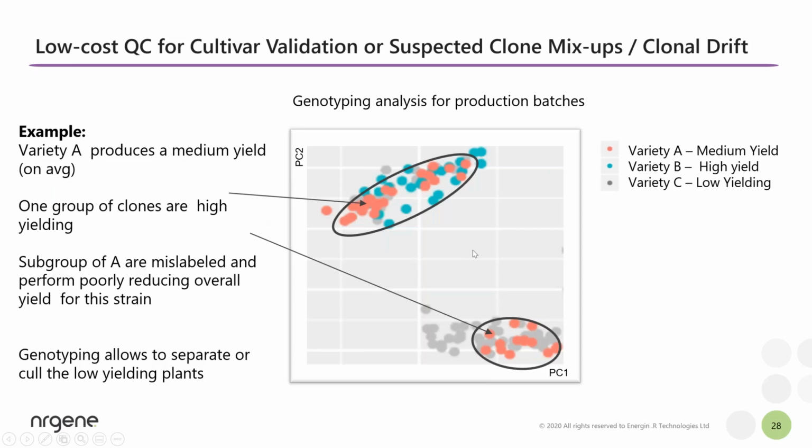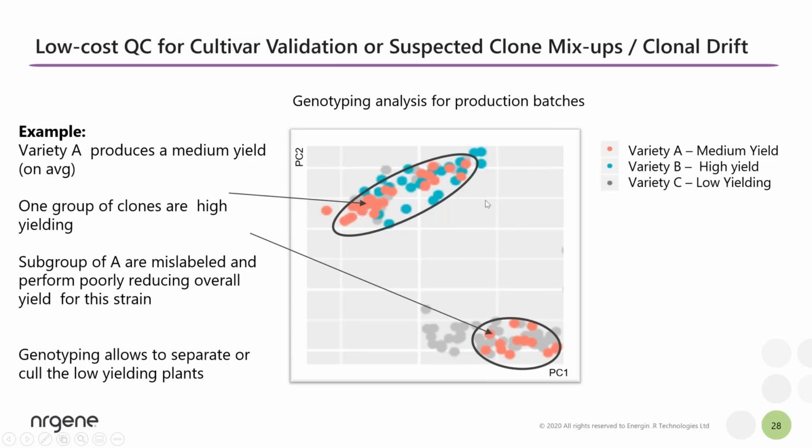So an example of that, and this is a financially interesting case, look at only the red dots. The red dots represent a variety, let's call it the purple kush or variety A, whatever you want to call it. On average, it performs medium. And if the trait that we're looking at is yield, it performs medium. Why is it a medium performer? Because some of the plants are good producers, but some of the plants are poor producers. You think they're the same.